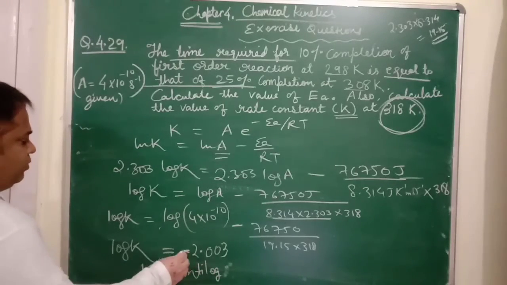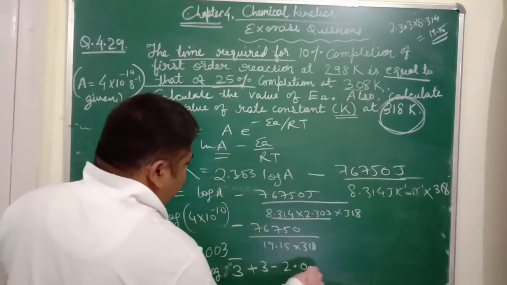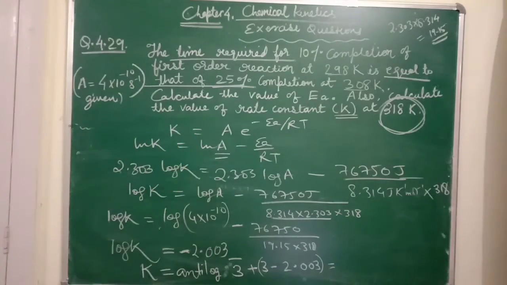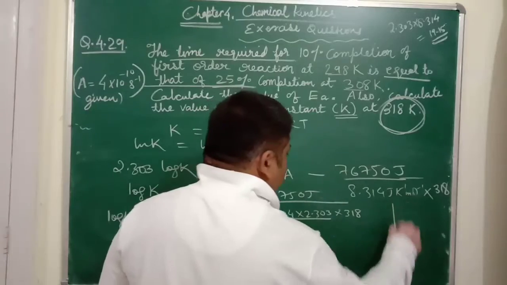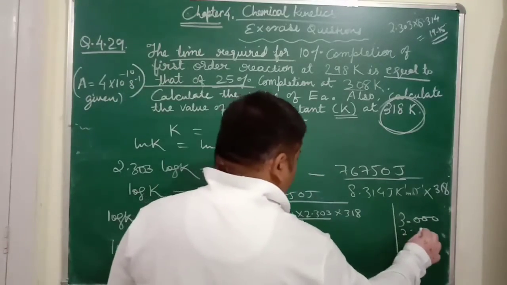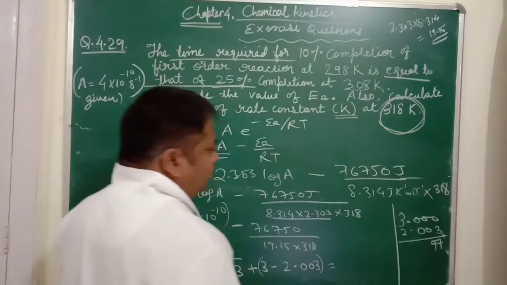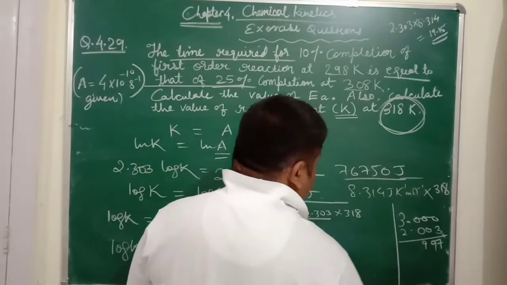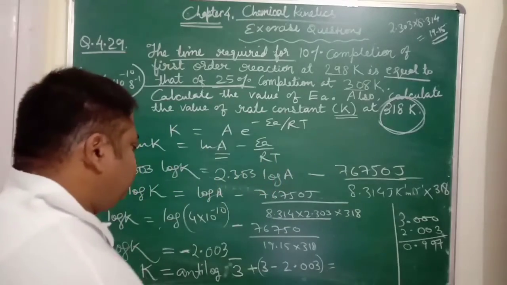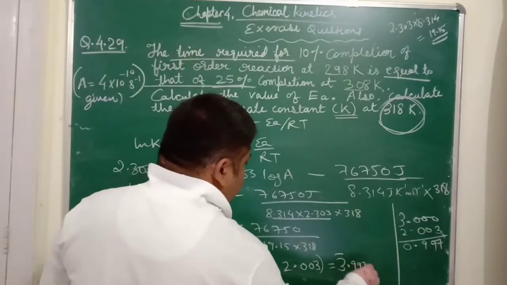Now this cannot be negative, so we make it 3 bar, plus 3 minus 2.003, which is 0.9970. So this will be 3 bar 0.9970.